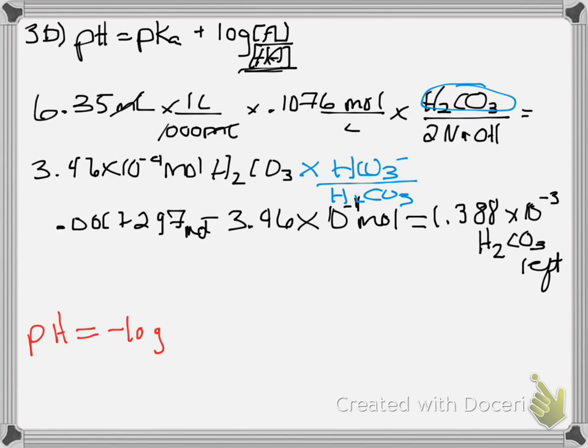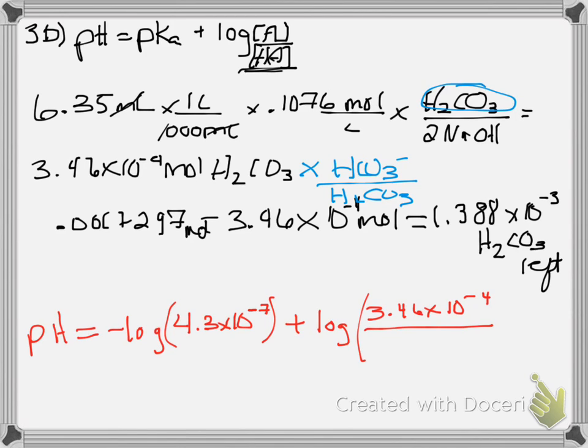And this reaction, we decided, is the first Ka, so I'm going to put in 4.3 times 10 to the negative 7, plus the log of HCO3, so that's 3.46 times 10 to the negative 4 divided by the amount of H2A or H2CO3 that's left, which is that.